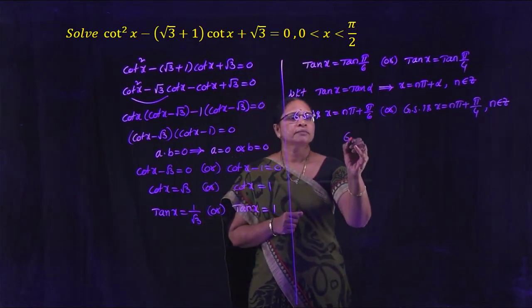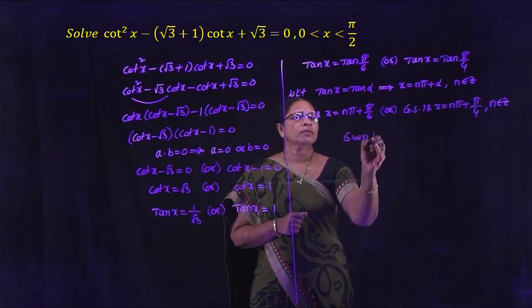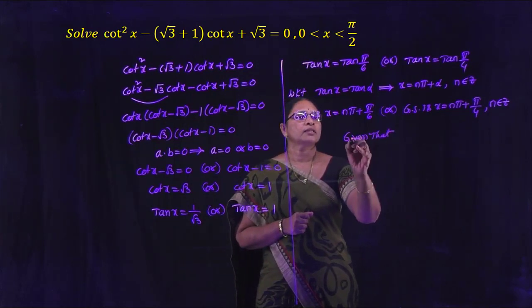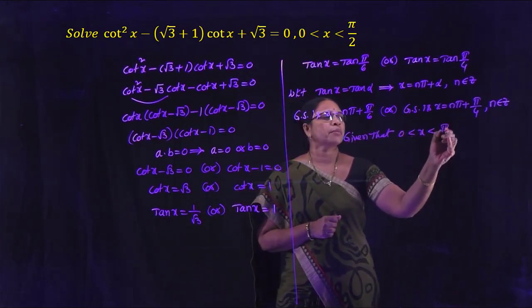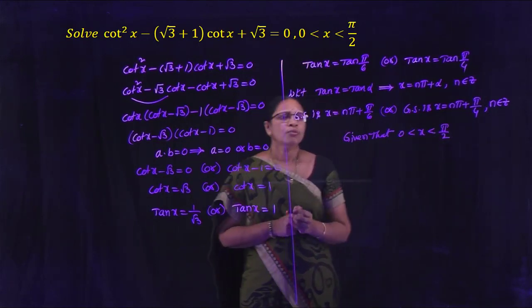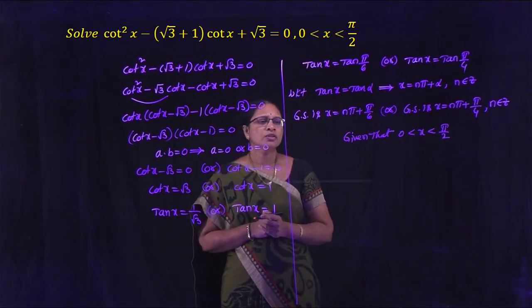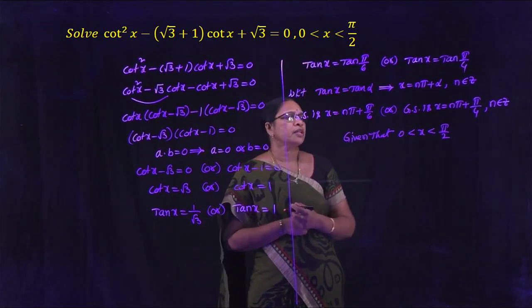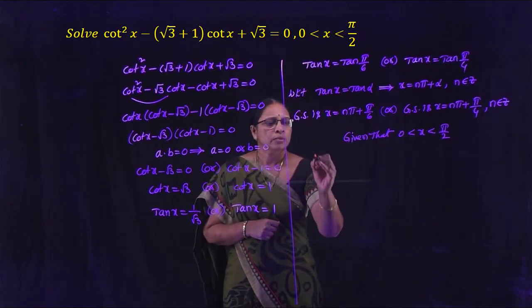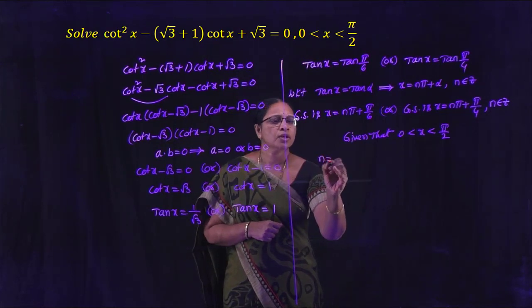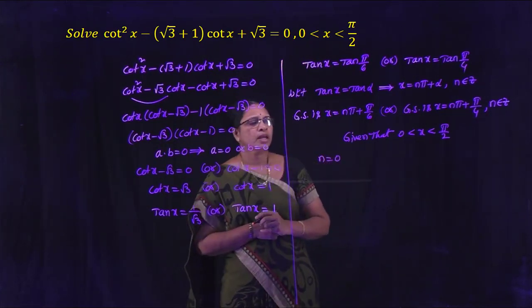Given that 0 less than x less than pi by 2. Now we have to find the values of x lying between 0 and pi by 2. For this we can write n is equal to 0.